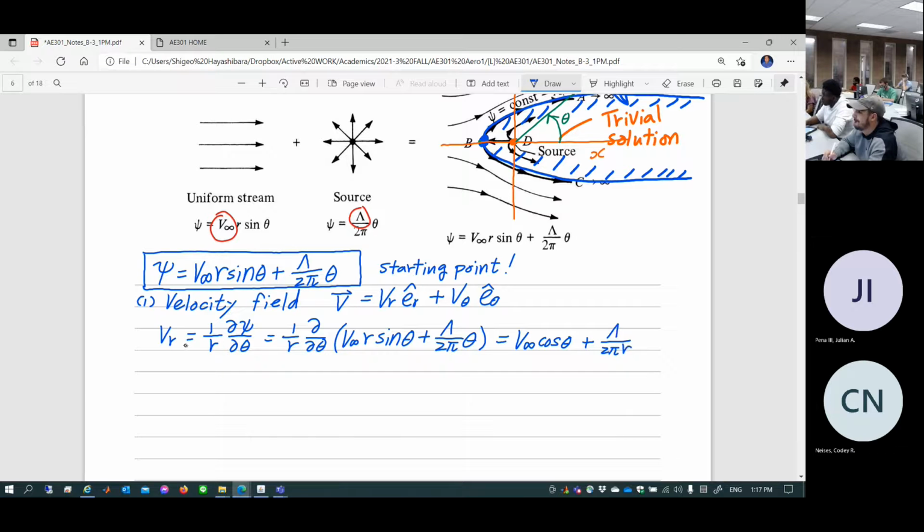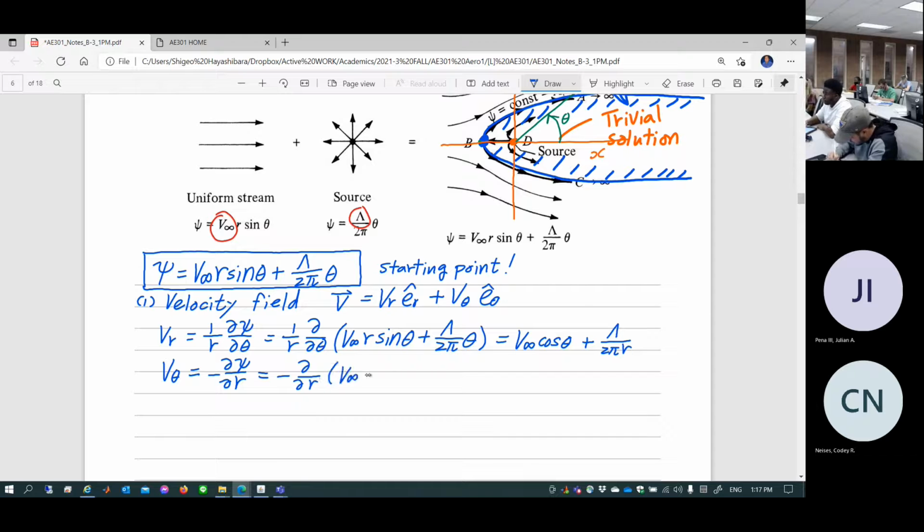This is the velocity in radial direction component V_r. And then V theta is negative d psi dr. So this is going to be negative ddr of the same thing.